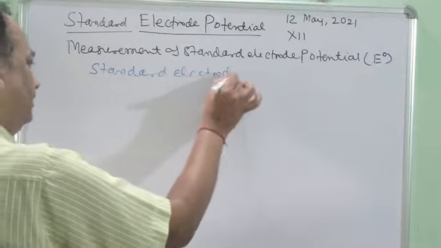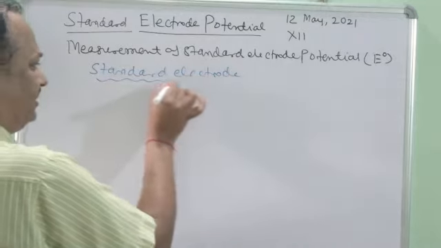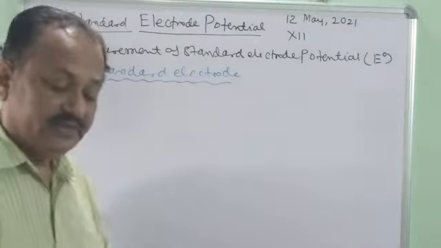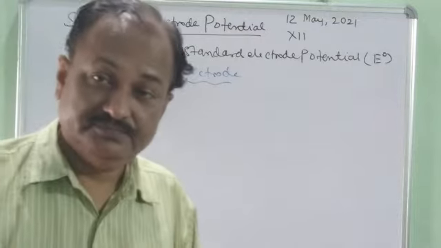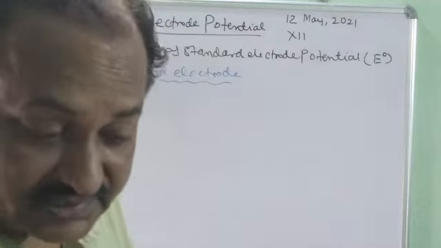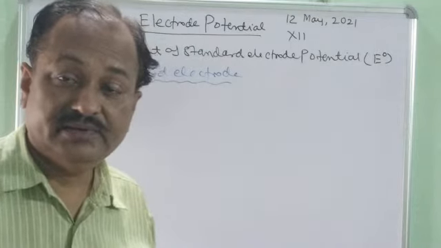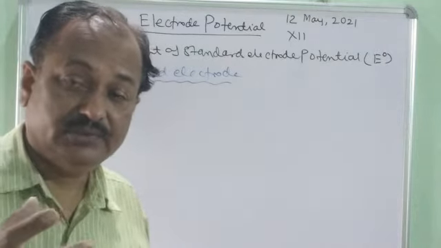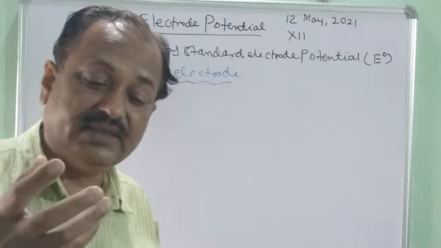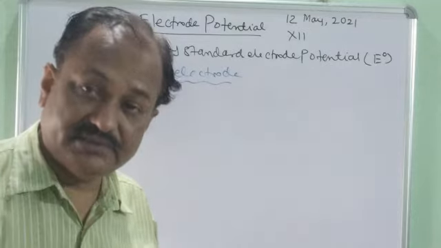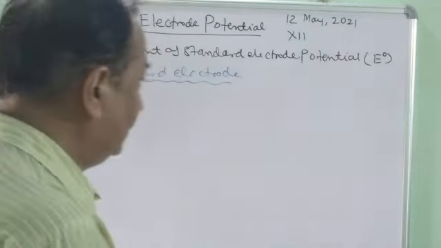Actually, children, I had said that a standard electrode is a special type of electrode, and certain standard conditions are maintained or created, or the conditions have to be taken into consideration. It is a very simple arrangement.